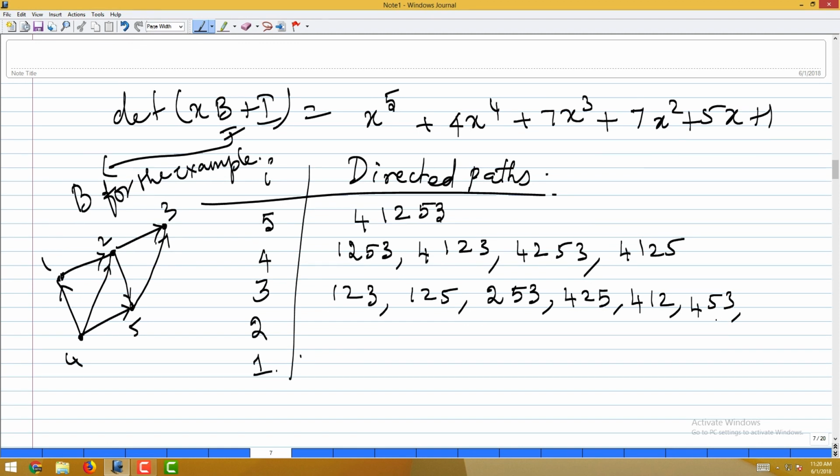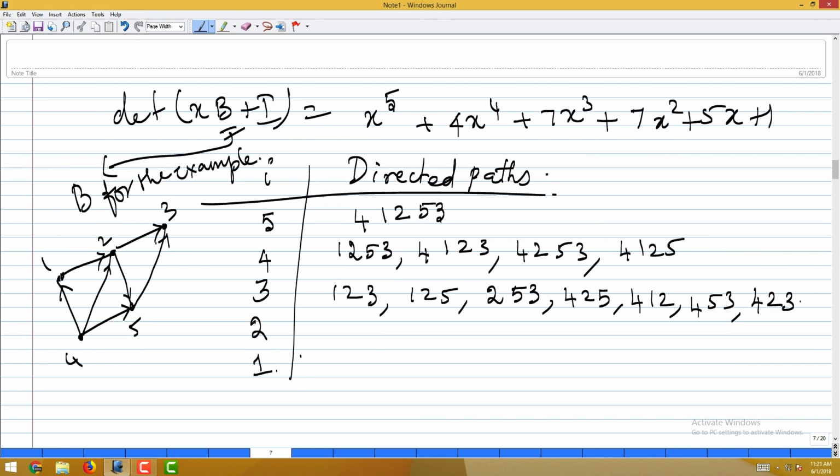Anything else? 4, 2, 3, right? Yeah, 4, 2, 3, yes. So, 7 has come in. So, we have 7 paths and there is no more, right. You can exhaustively search here and see that it is satisfied.